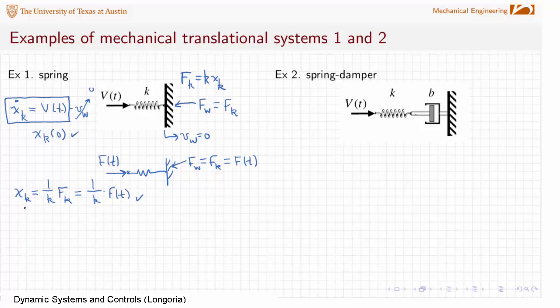And since we know the input, we know the state of the spring, right? We're going to call that a dependent element. And we'll talk more about that later when we're really studying bond graphs. But this basically says that that spring is dependent on what's outside of it, which is, in this case, just that input f of t, right?